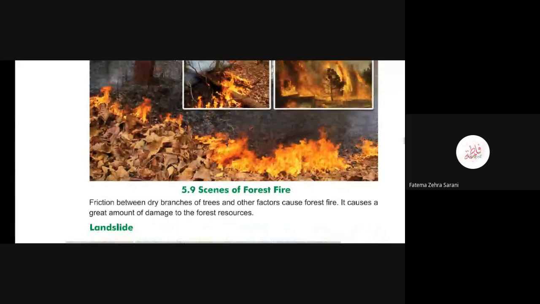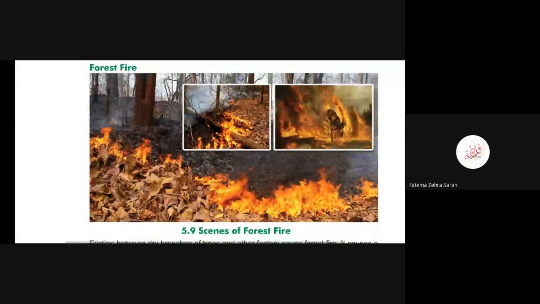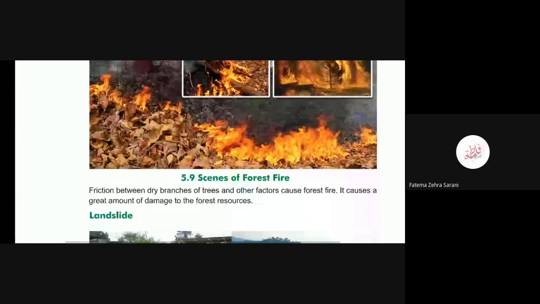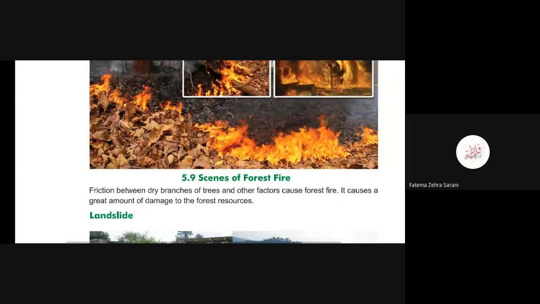See, you can see the picture of how it is happening. When there is friction between two branches, this fire from the branches of trees will affect other factors, and due to that the fire of the forest will start.